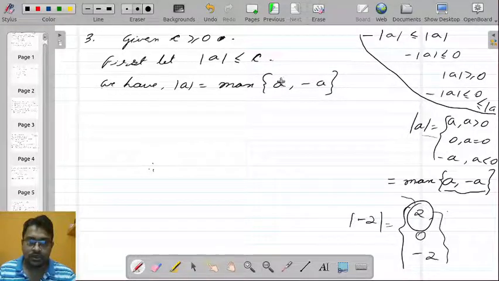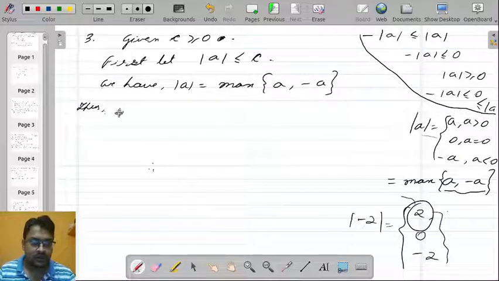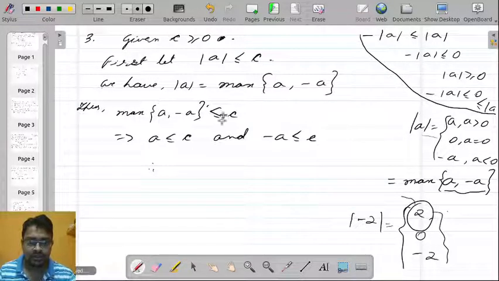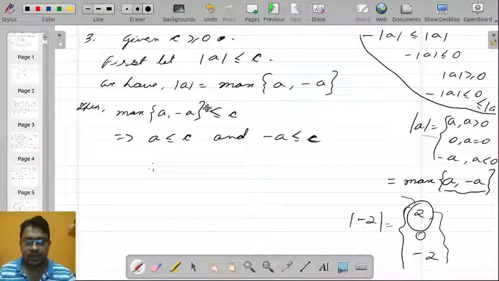So we have maximum of A comma minus A is less than or equal to C. That means both of them are less than or equal to C. Thus maximum of A comma minus A is less than or equal to C. So this implies A is less than or equal to C and minus A is also less than or equal to C. Both have to be, because the largest of them is less than or equal to C. So both of them have to be less than or equal to C.